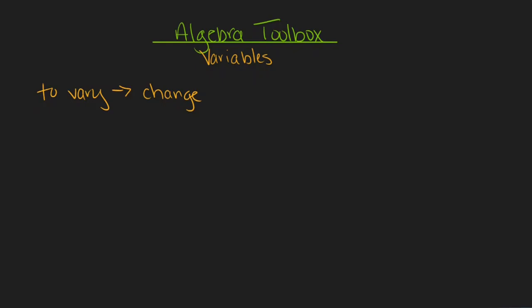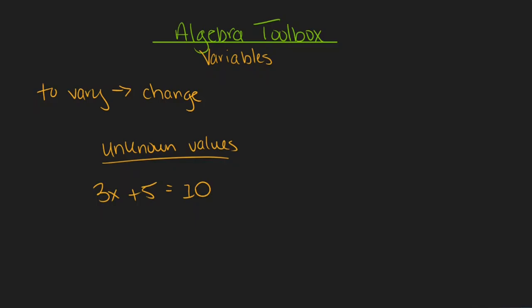We said that variables can show unknown values. For example, we could have something like 3x + 5 = 10. This is telling me that I know the particular relationship between these two expressions. I know that 3x + 5 has to be the same thing as 10, but for one reason or another, I don't know what the value of that x is supposed to be.